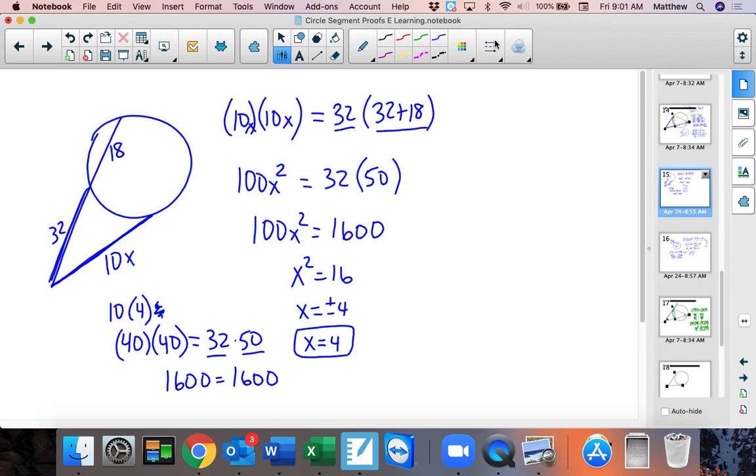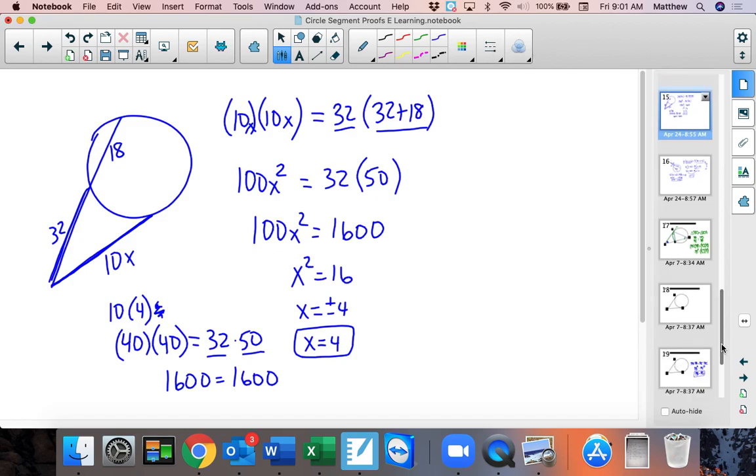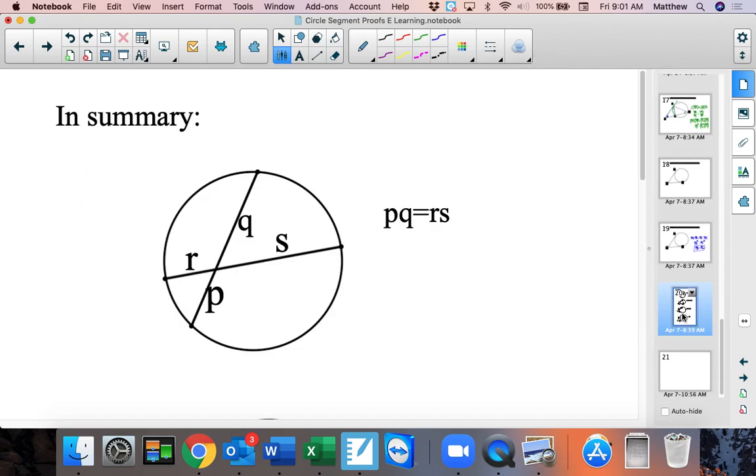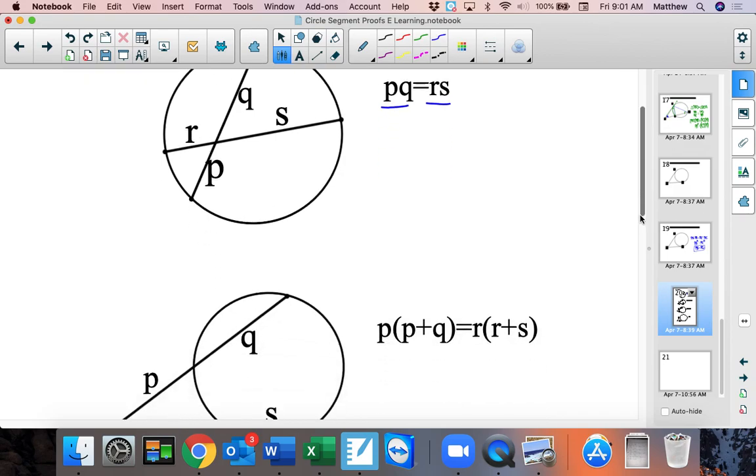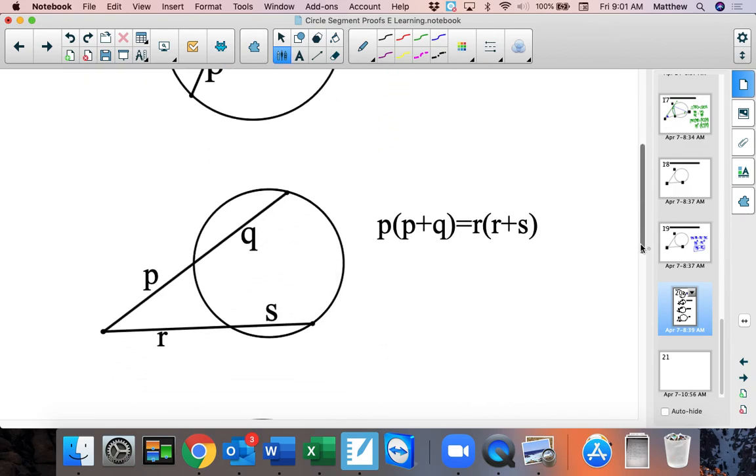Oh, since this is the last day, we do have these formulas. So again, when it's inside, P times Q equals R times S. When they're two segments, not a tangent, outside, we have outside part times whole equals outside part times whole.